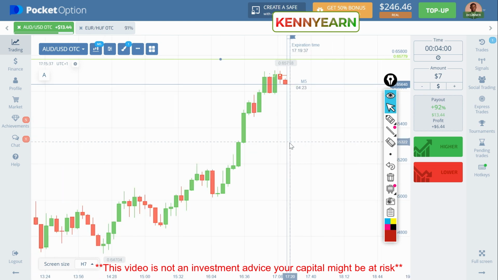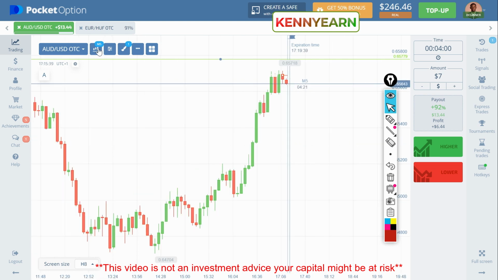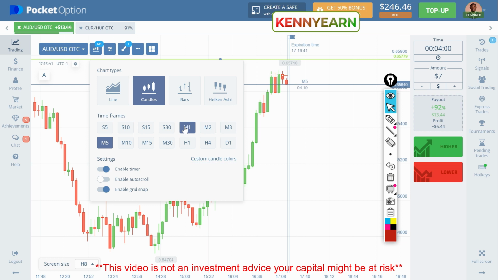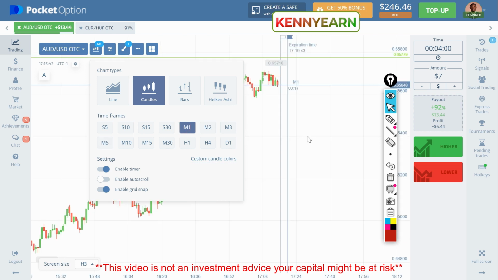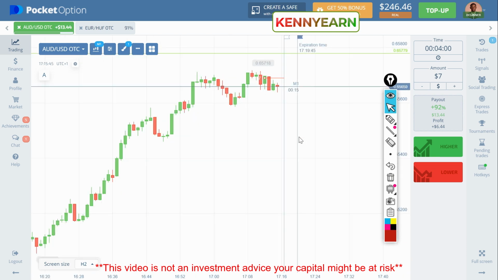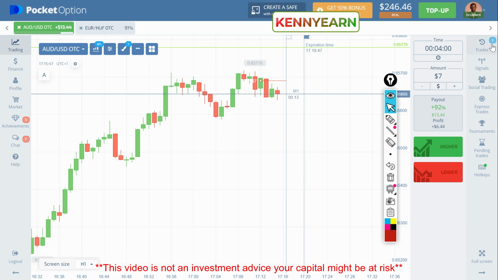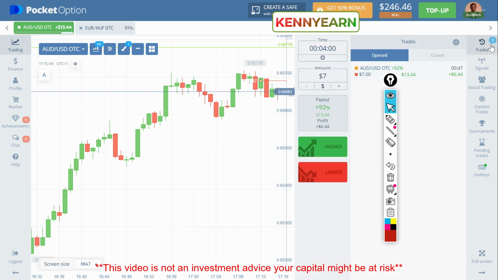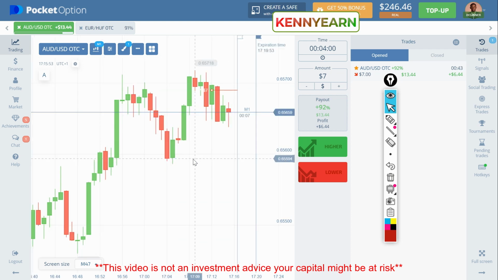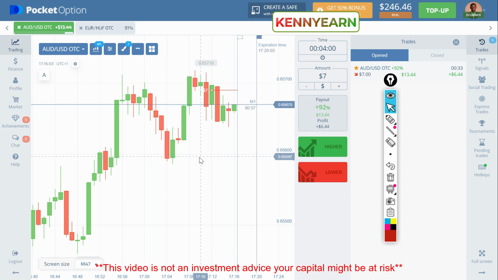Oh, a new 5 minute candle just started. Interesting. I just hope that brings more sellers because the previous one was not strong enough. So this new 5 minute candle is going to bring more sellers. Alright, a few seconds more.